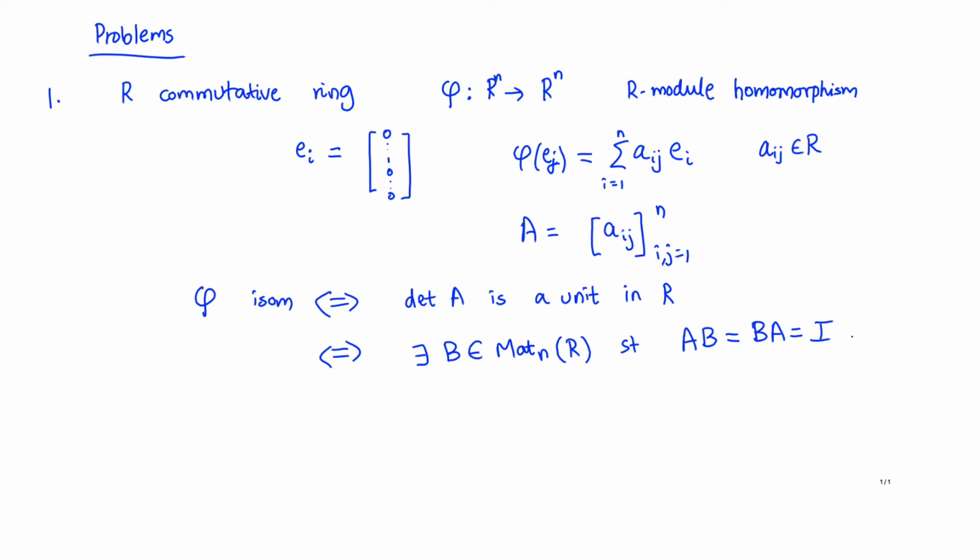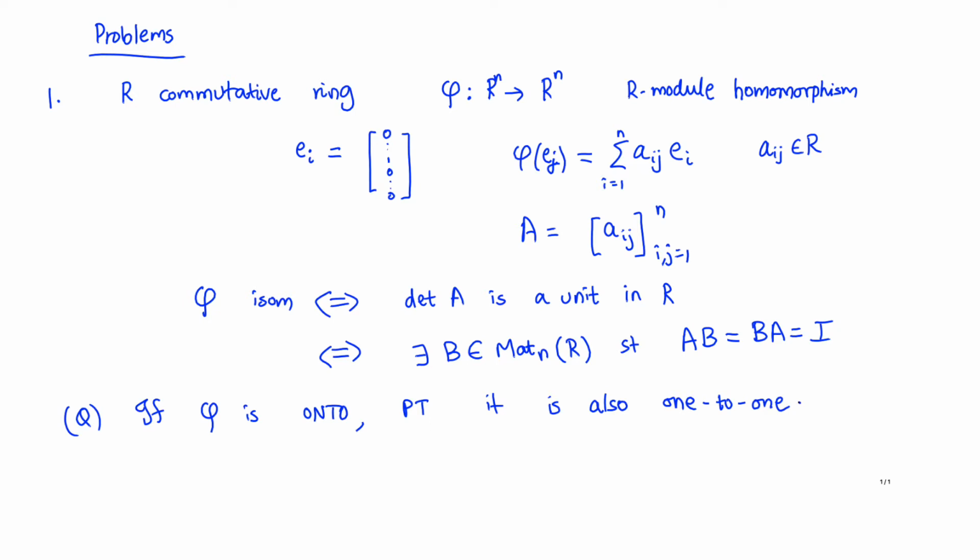This is just something to recall. Now here's the problem itself. If phi is onto, prove that it is also 1 to 1, and hence an automorphism.